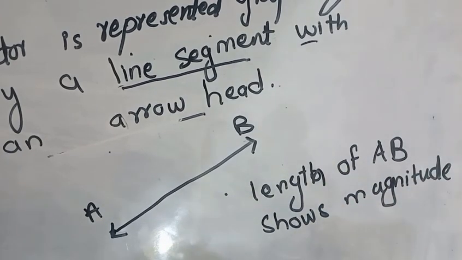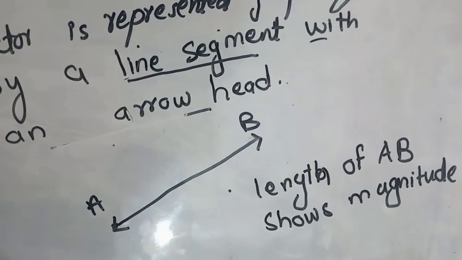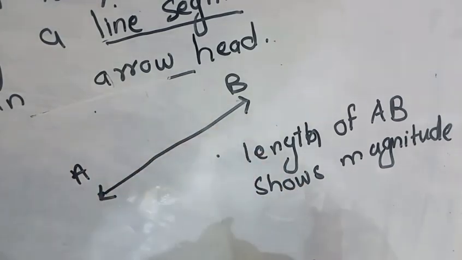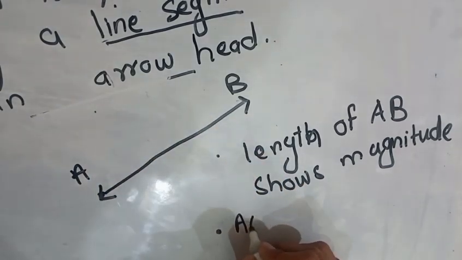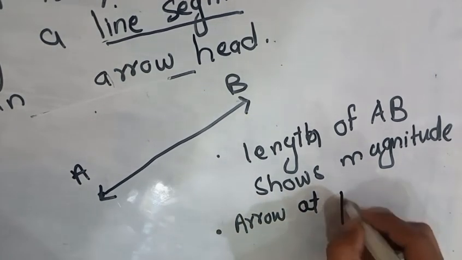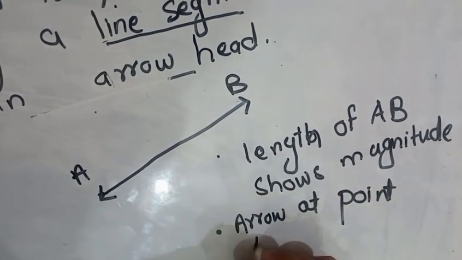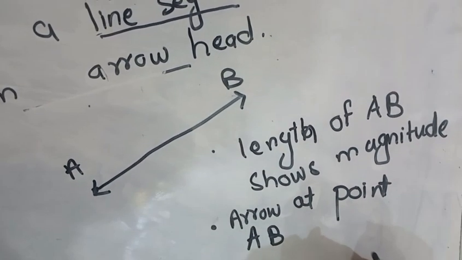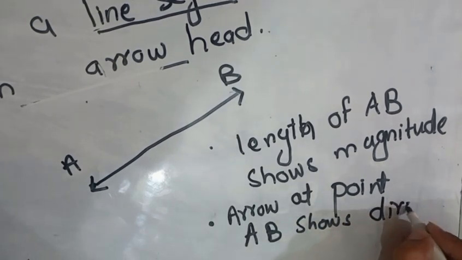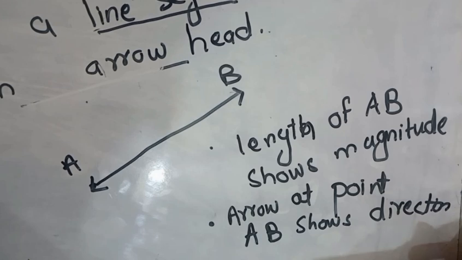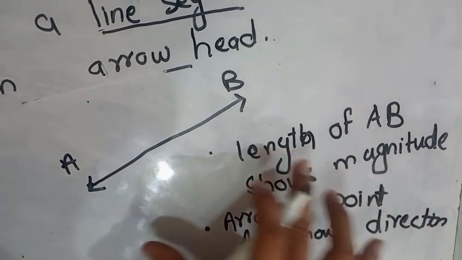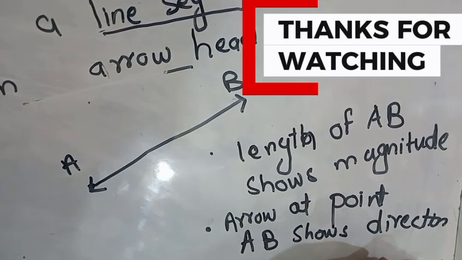The arrow at point B shows the direction. It is showing direction. So likewise, a vector quantity is represented graphically.